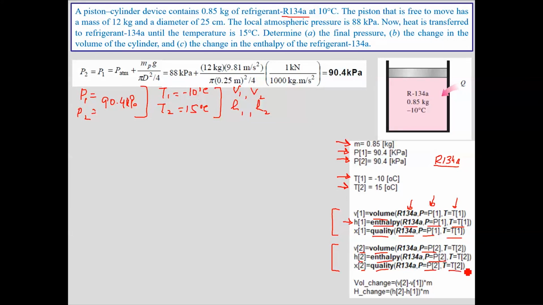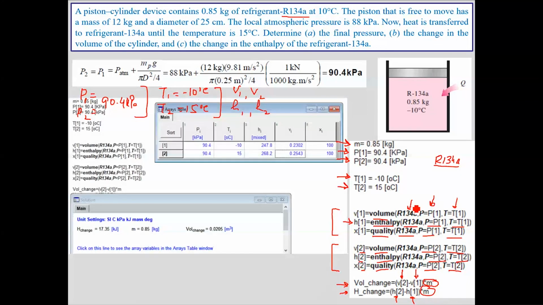P equals P2, T equals the value stored for state 2. Volume change is the difference in the specific volumes of the two states, row 2 minus row 1, multiplied by the mass, which is defined by M. And H change is the enthalpy change, H2 minus H1, multiplied by the mass. H2 is the value of enthalpy stored in row 2. H1 is the value of enthalpy stored in row 1 for state 1.